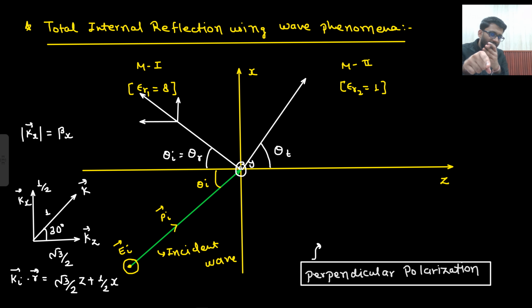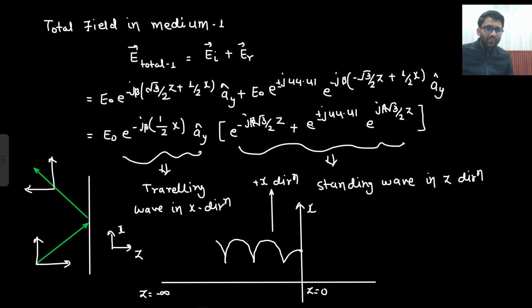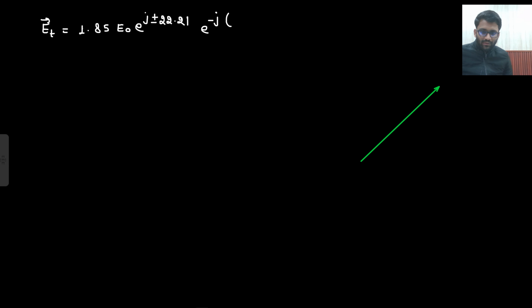Transmitted wave is making an angle of theta t with z axis and 90 minus theta t with x axis. So can I write down in this manner?